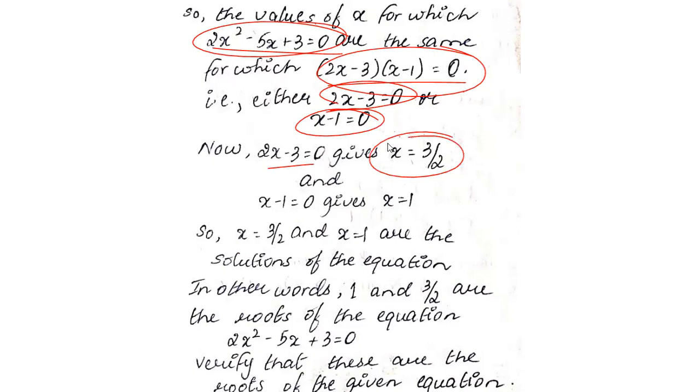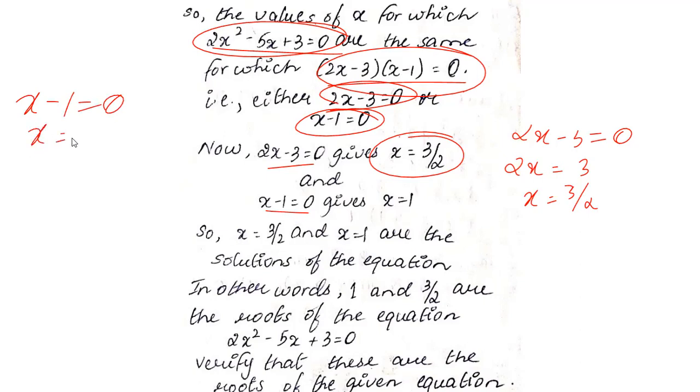I will write how you equate it. Got it? This way, x minus 1 equal to 0. How you equate this, I will write it over here. x is equal to 1.